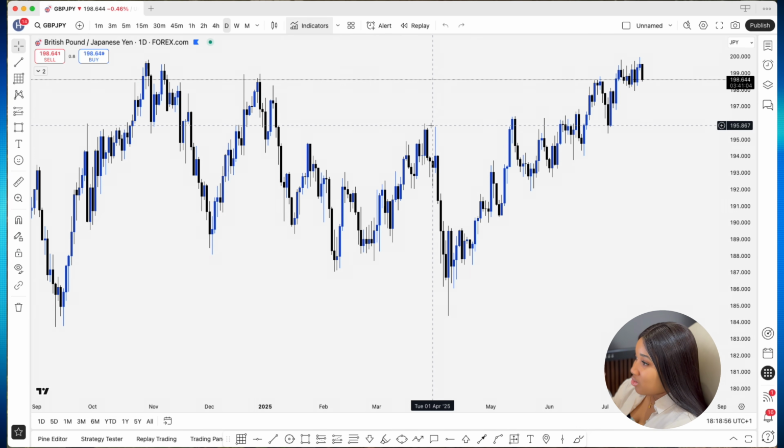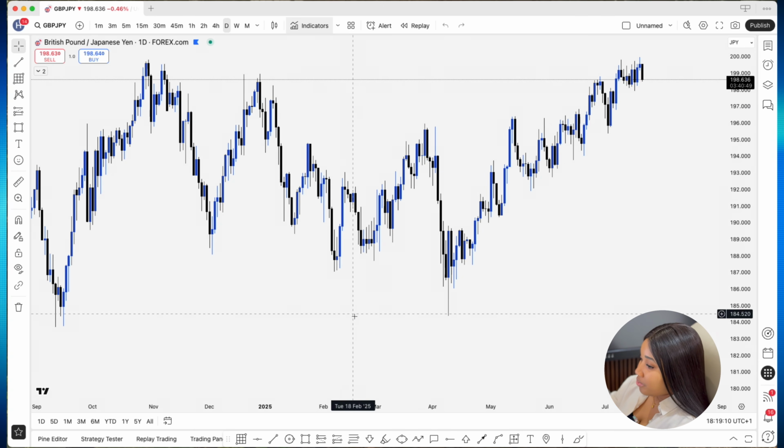If I'm trying to read the structure, the daily time frame is here to tell me where the market is directed, where the market is reacting to, and the next line of action. So it shows me the trend generally. From the daily time frame, I try to map out the obvious levels.